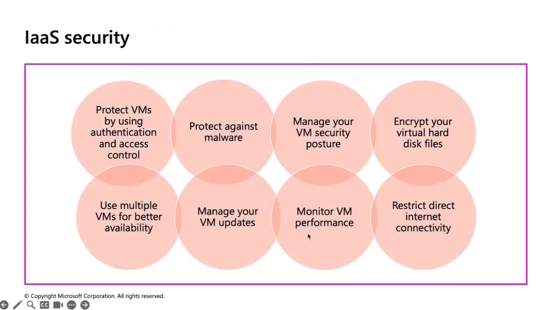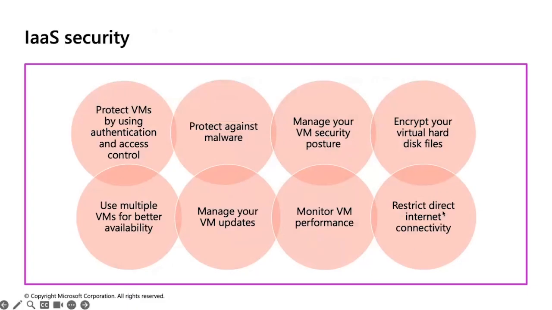Also consider monitoring VM performance. Your VM performance may be going down or struggling because the workload increased, and over time your VM is not capable of handling hundreds of requests. So in that case, you can plan for extending the number of VMs or enhancing the VM capability.